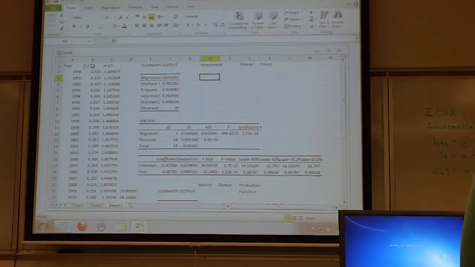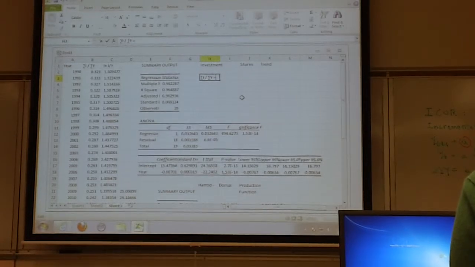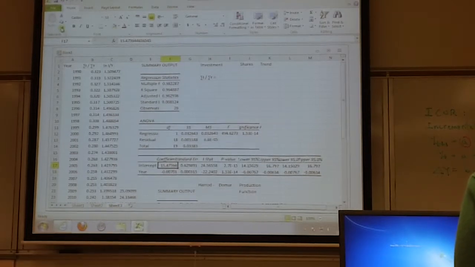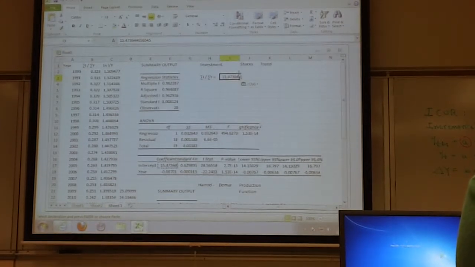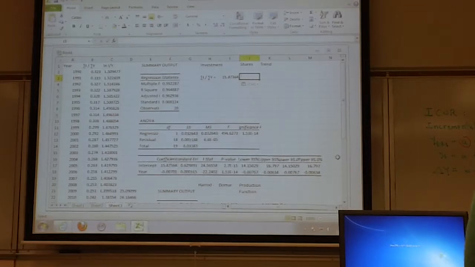I've got to figure out what I missed. Now this is only one possible scenario, that the investment shares don't change.